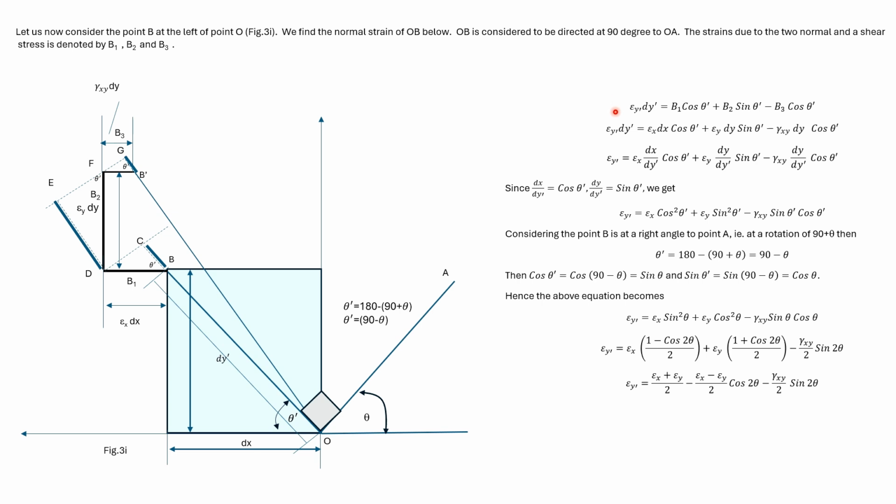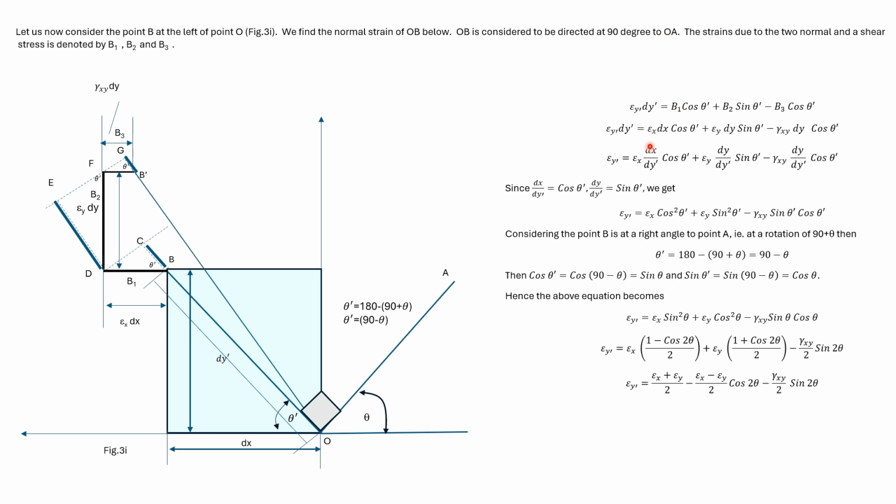We then have the increase in length, epsilon y dash by y dash, as BC, which is B1 cos theta dash, plus BE, which is B2 sin theta dash, minus GD dash, which is B3 cos theta dash.